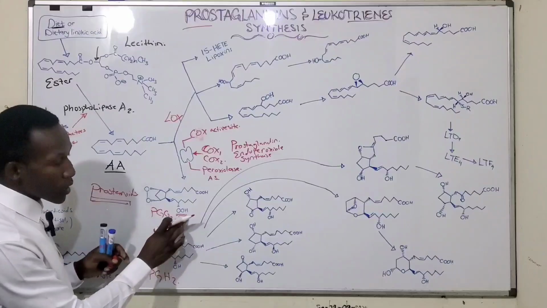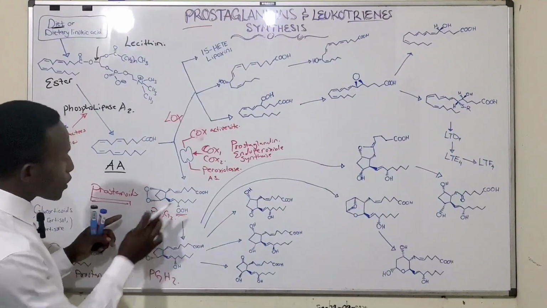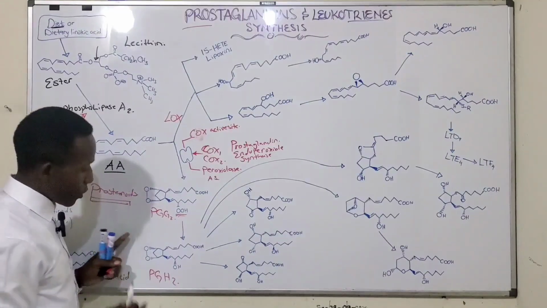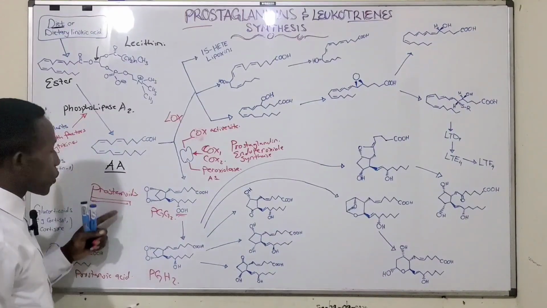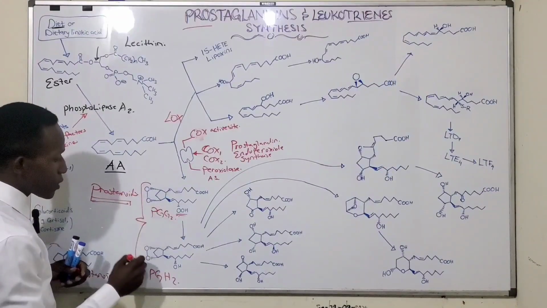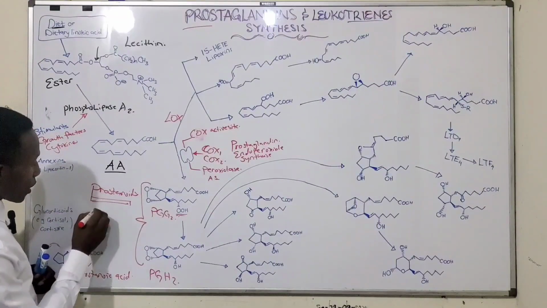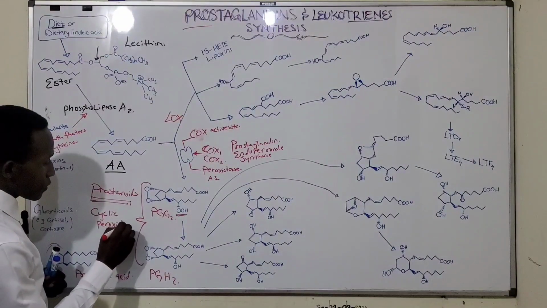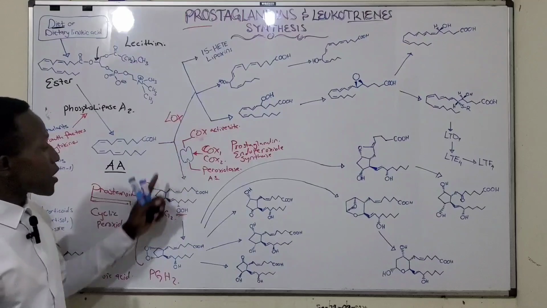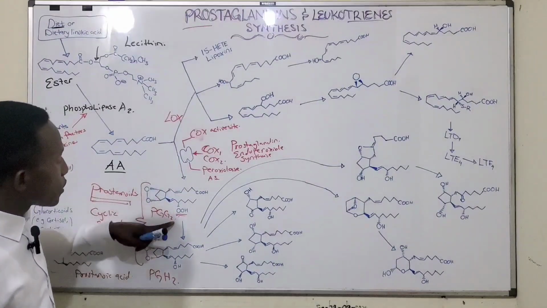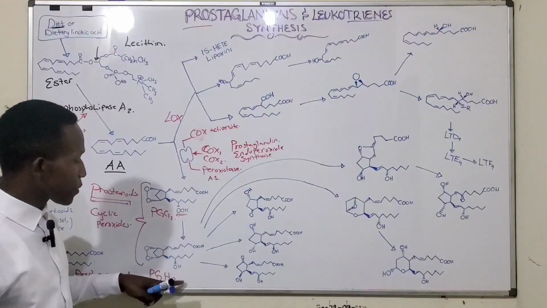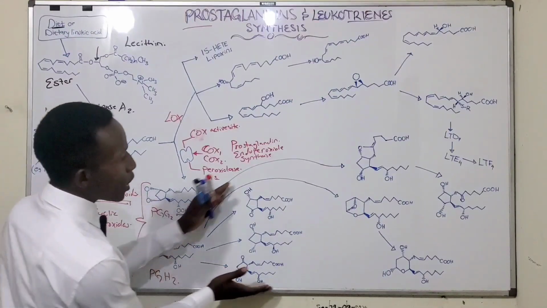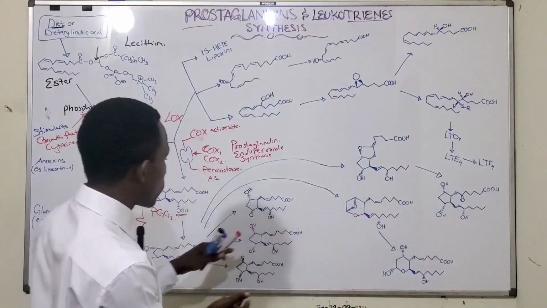It cleaves the peroxide region, this part. But these two still have the peroxide here at the ring. We have a peroxide and a peroxide. So these two prostaglandins are called the cyclic peroxides. After the synthesis of prostaglandin G2, it is cleaved to prostaglandin H2. This prostaglandin H2 now will give us all other prostaglandins, as we are going to see.